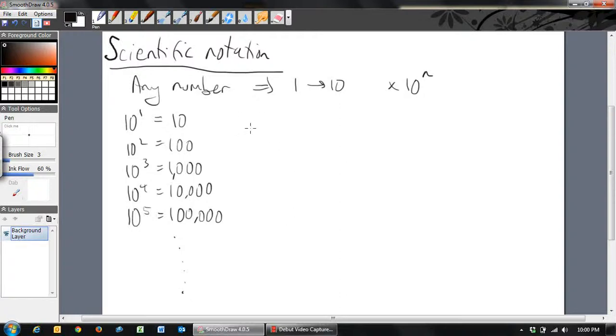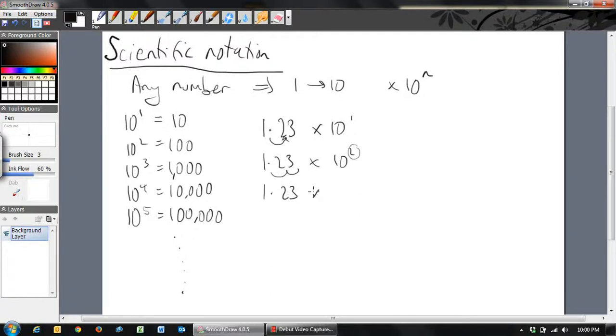And what happens if you have a number? Let's say you have 1.23. If you multiply that by 10, what happens to that decimal place? It moves one spot. If you multiply 1.23 by 10 squared, it moves 2 spots, because it's 100, which has 2 zeros.